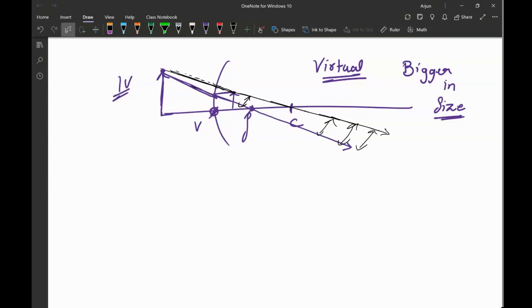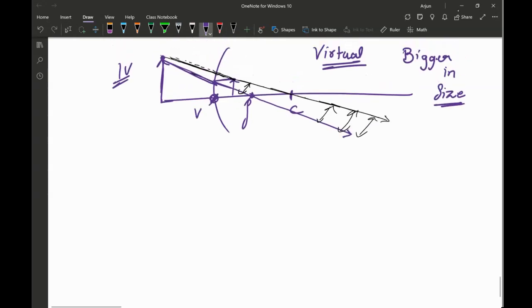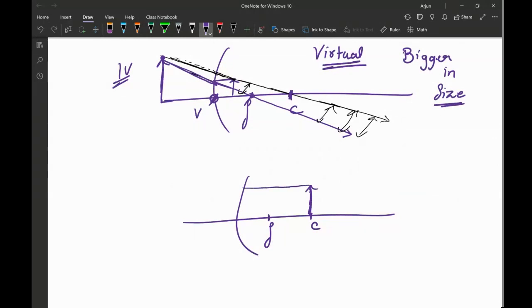Now we're going to talk about when the object is placed on the center of curvature. So this is the focal point and this is the center of curvature. If the object is placed on the center of curvature, then the first ray again parallel to the axis passing through the focal point. The second ray will be a little tricky to draw, so starting from the tip it has to pass through here, so straight down.